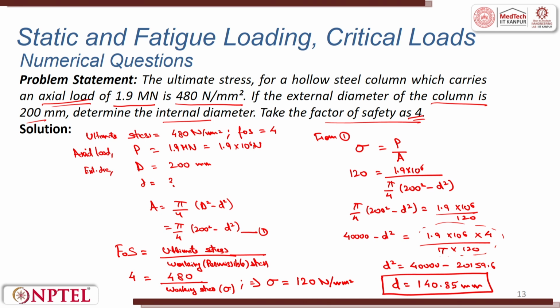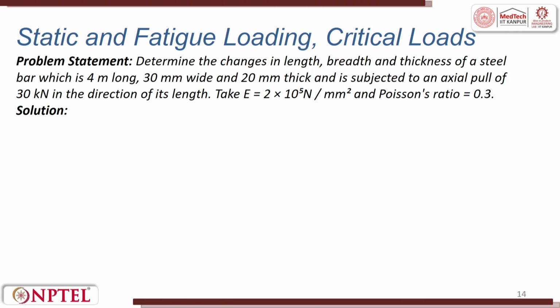So, this is another numerical problem in a similar direction where we have lateral strain, where we have the Young's modulus given, and we determine the change in length, breadth and thickness of a steel bar. It is length, breadth, thickness, all the parameters are to be determined here.